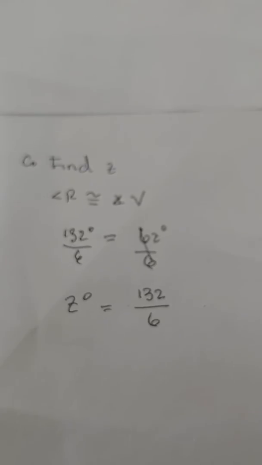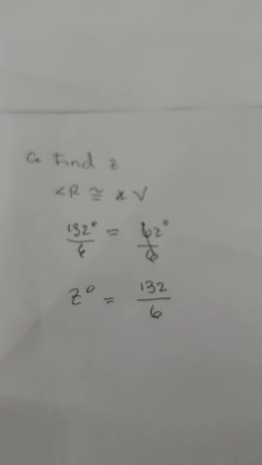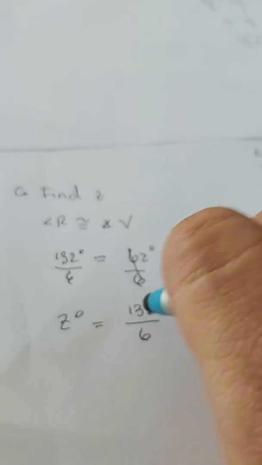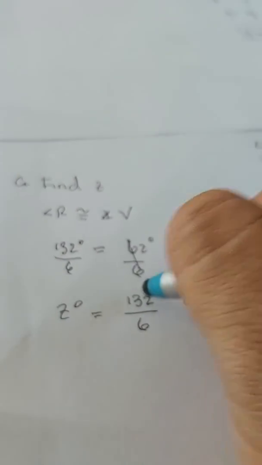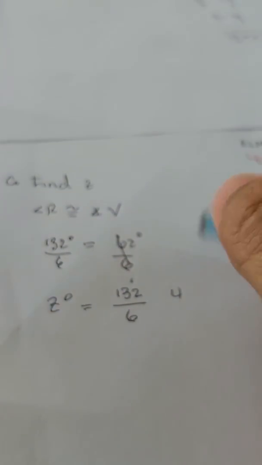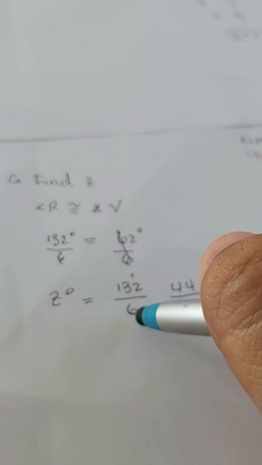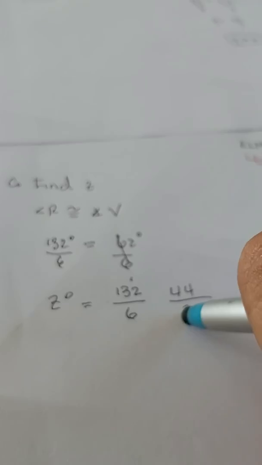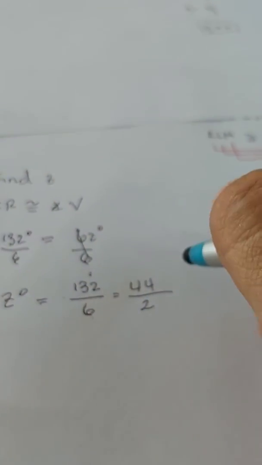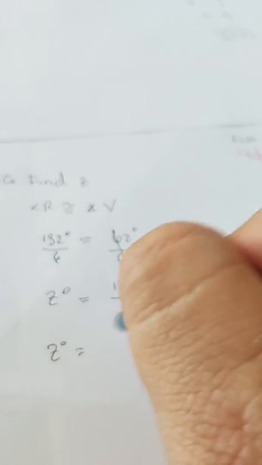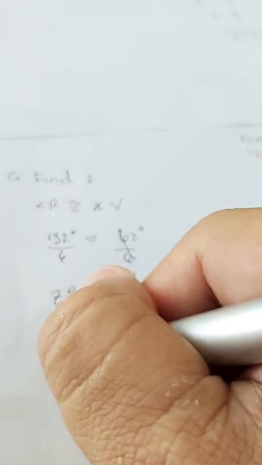They are divisible by 3. How many times does 3 fit in 132? 3 in 13 is 4, that's 12. 3 in 12, that's 4, so 44. 6 divided by 3 is 2. 44 divided by 2 equals 22. So Z equals 22 degrees.